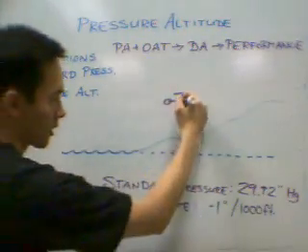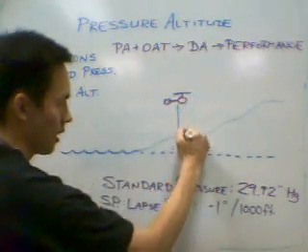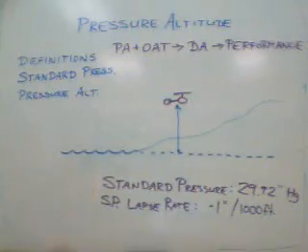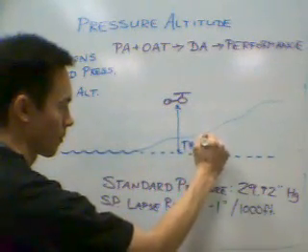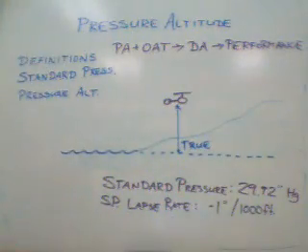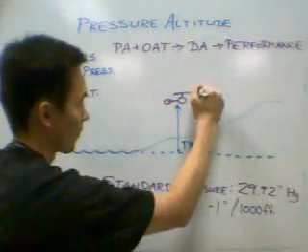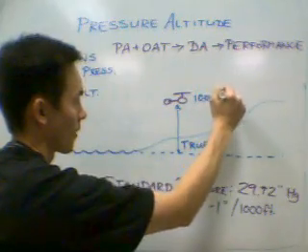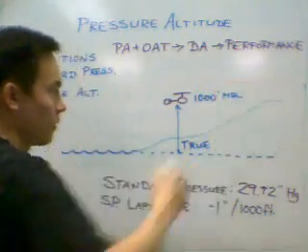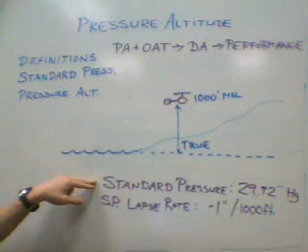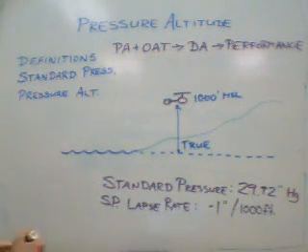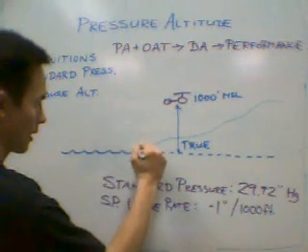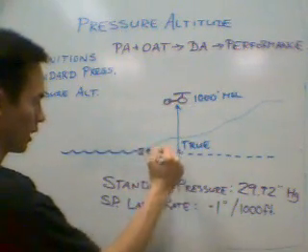Right now, let's say that our helicopter is 1,000 feet above sea level. Altitude above sea level we call true altitude. Here, let's say that our true altitude is 1,000 feet above sea level. As we said, on a standard day, the pressure at sea level is 29.92. Let's call it a standard day, and here we find 29.92.